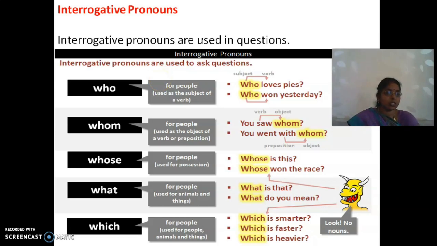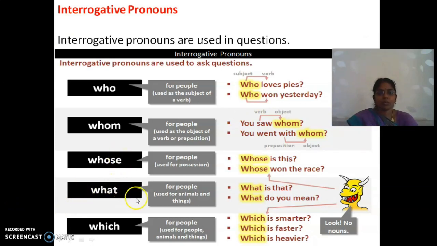Possession means ownership. Whose pen is this? That means, who is the owner of this pen? That is the meaning. Whose red pen is this? So, all these whose are used for possession.